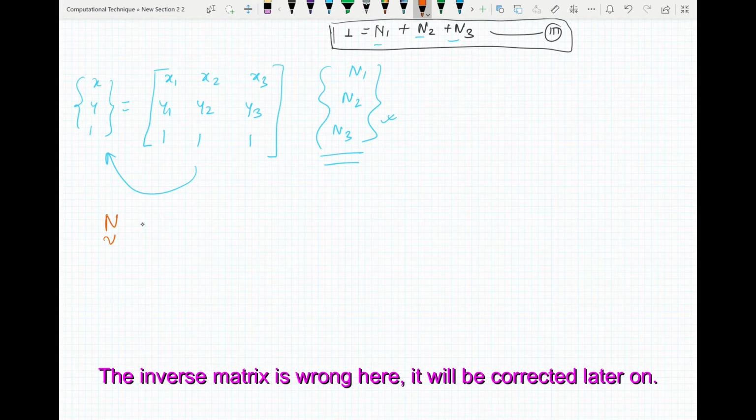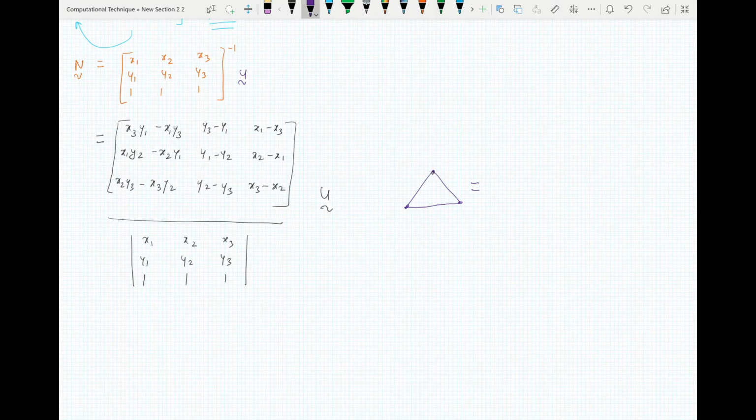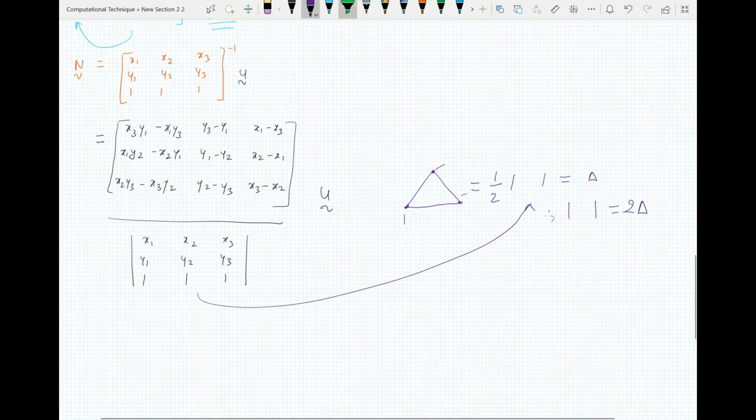So your shape functions vector will be equal to, from mathematics, the area of a triangle is given by half of the determinant of these coordinates. Now this determinant will be this one. If you write the area as delta, then your determinant is 2 delta. Therefore we can write this as 2 delta.